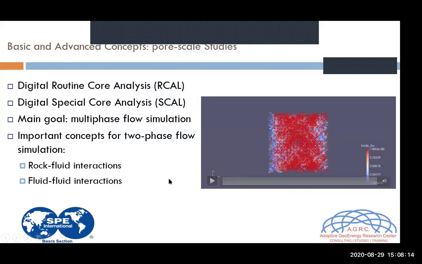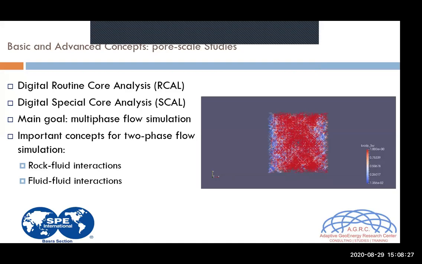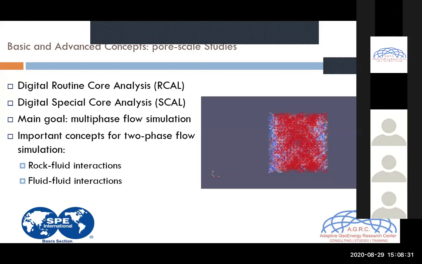But what's the idea here? I would like to discuss that in digital rock technology, you can perform what we call routine core analysis. For example, yesterday we discussed permeability and porosity and some other measurements as well, or some other numerical analyses that we can provide, for example, formation factor or elastic properties. But today I want to talk a little bit about two-phase flow, especially.